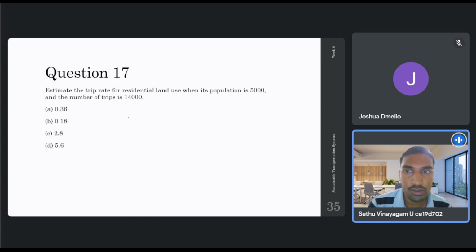So how do we get this? We already saw how to calculate the trip rate. Trip rate is nothing but the ratio of the total number of trips over the total number of people, or the population of the region, right? Here we know both of these.